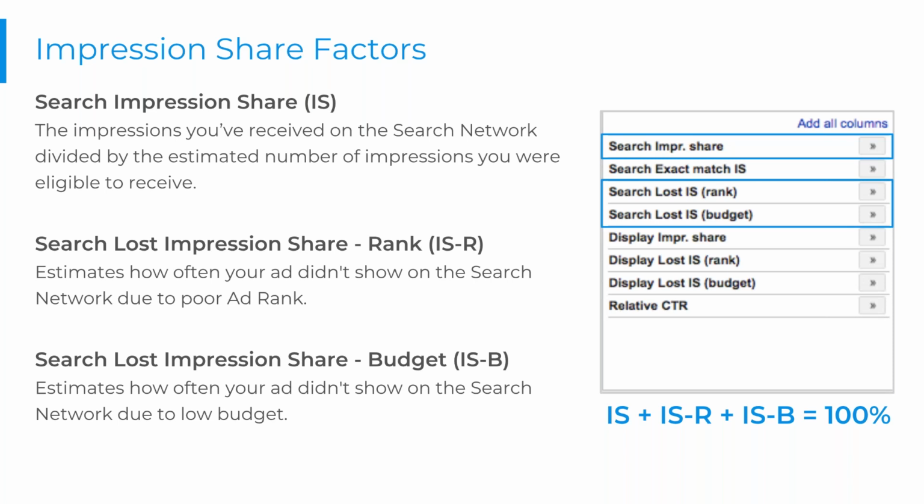Search lost impression share due to rank estimates how often your ad didn't show on the search network due to poor ad rank, whereas search lost impression share due to budget estimates how often your ad didn't show on the search network due to low budget. If you were to add up all three percentages, impression share, impression share lost to rank, and impression share lost to budget, you would get 100%. And again, on the right-hand side, you'll see that you can add these as columns within search networks to have them readily available.